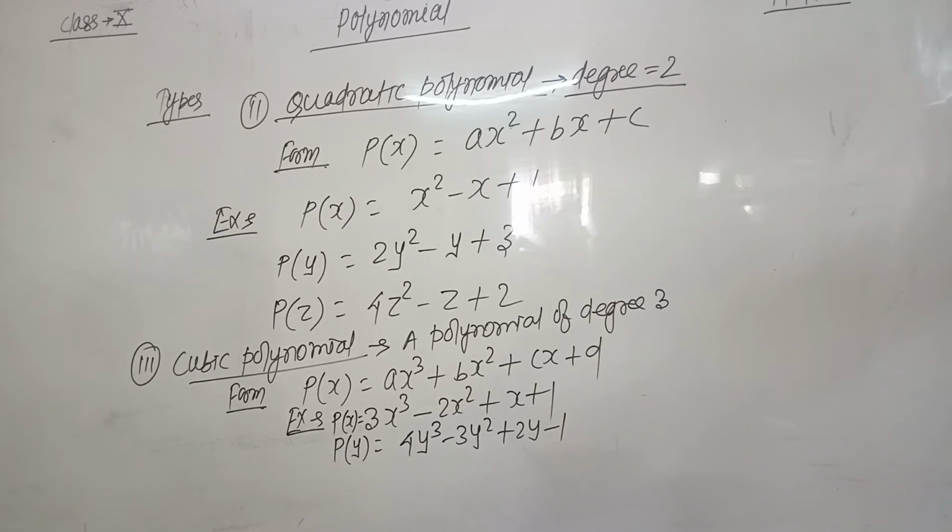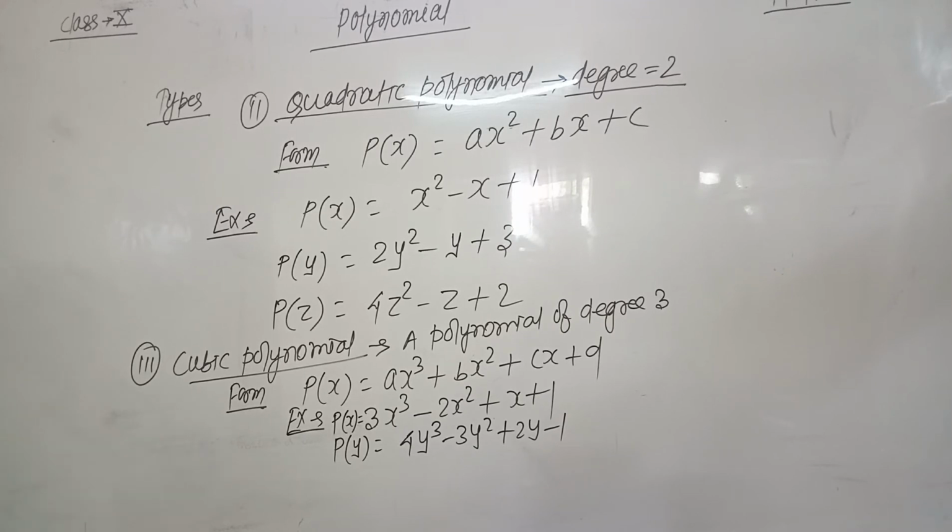So we have seen, first, linear polynomial, in which the degree of the polynomial is 1, the highest power of x is 1. Second, quadratic polynomial, whose degree is 2 and whose form is ax square plus bx plus c.